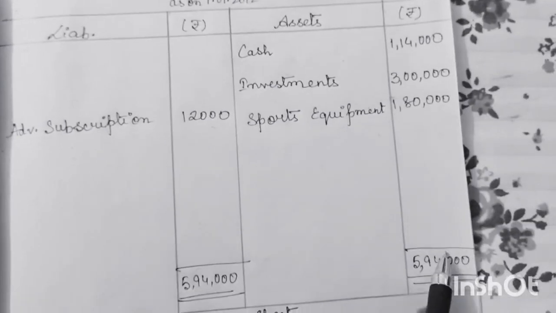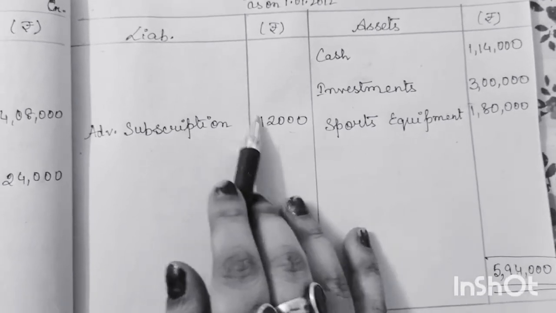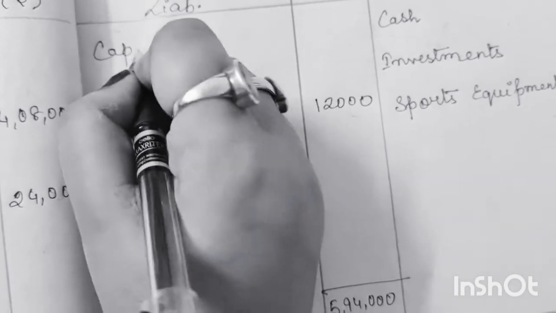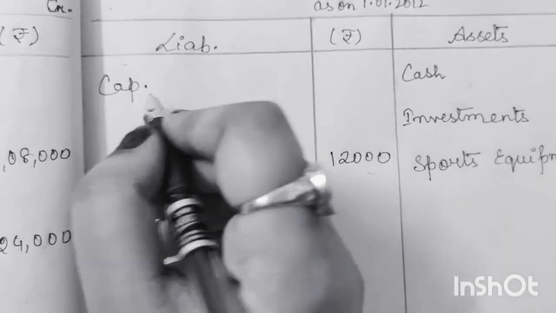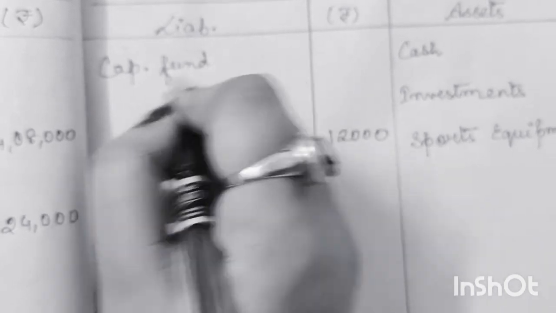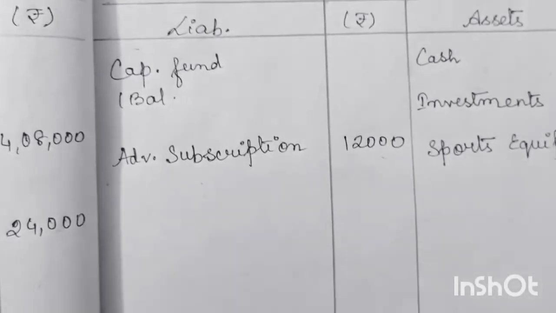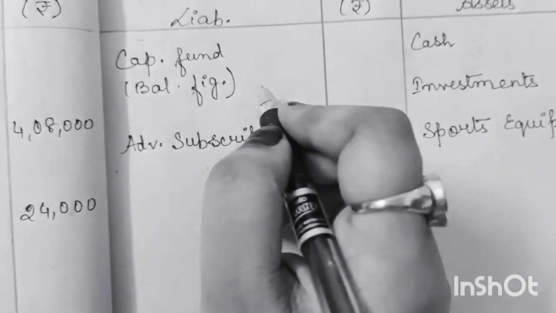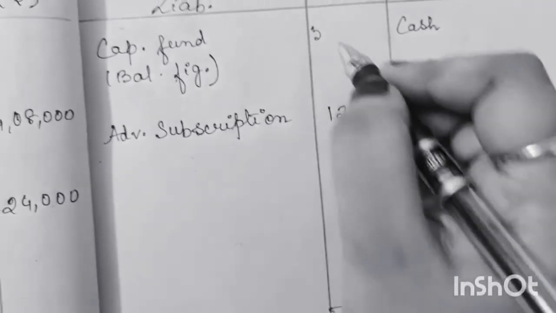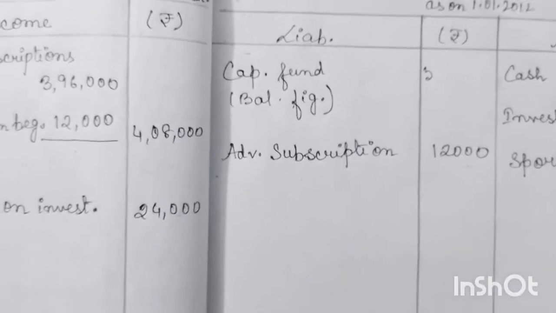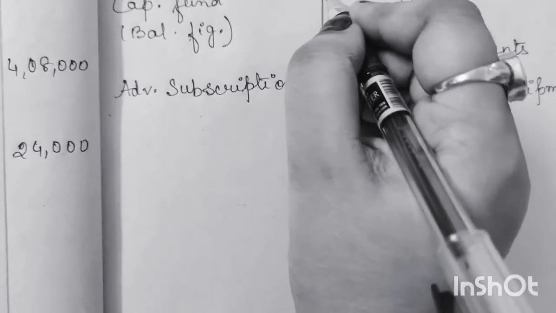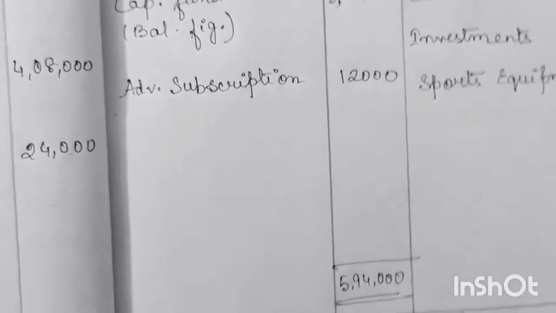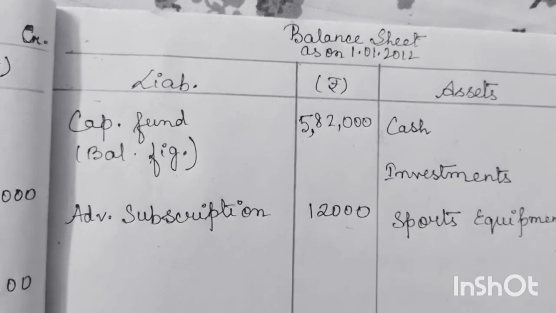Now from this 5,94,000, if we deduct the advance subscription, we will get the value of the capital fund, the balancing figure. So our capital fund is 5,82,000.